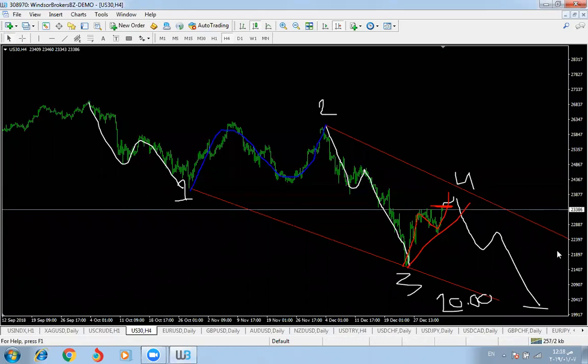We can see the contracting ending diagonal without seeing this crossing between territories for wave 1 and 4. So we are bearish for the Dow Jones, and we are expecting lower prices. The price might move more than 4,000 pips to the downside. That's all about Dow Jones.